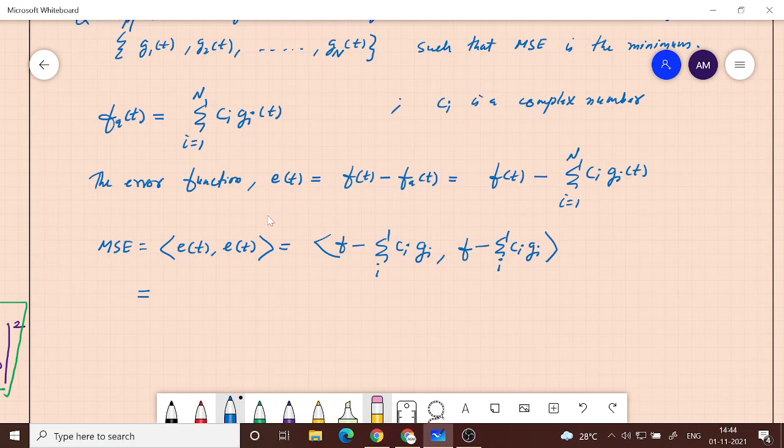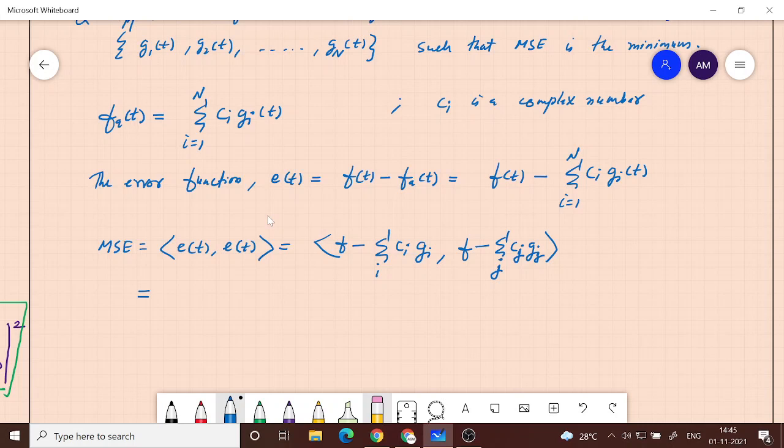That means what I am asking is, can I have j here? Will there be any problem if I put j here and ci here for the summing variable? i and j are summing variables. The question is, which is more appropriate? Taking i on both entries, or i on the first entry and j on the second entry? I am writing e of t in both places.